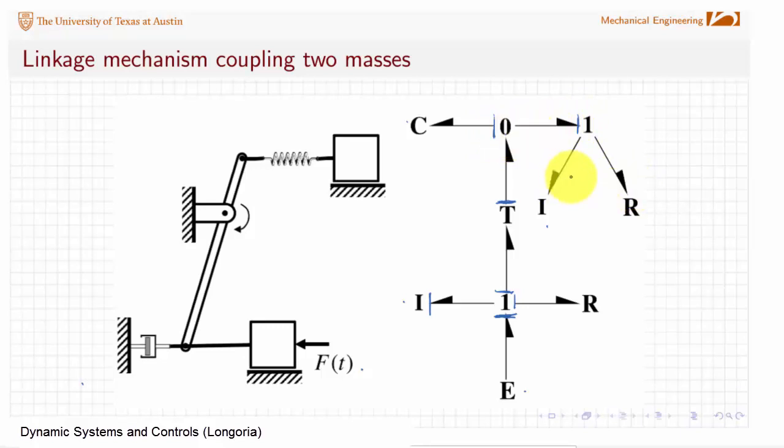Finally, I've got two bonds left. Integral causality specifies the one, and I'm done. So I've got 1, 2, third order system with the respective states of those elements forming the state vector.